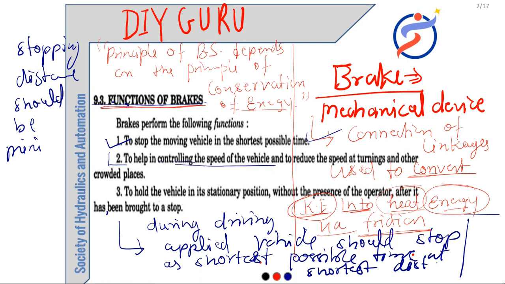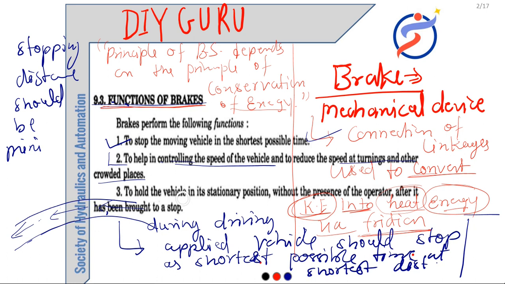The second one is to help control the speed of the vehicle during cornering. Suppose we are moving on a road like this. During cornering, the braking system helps us reduce the velocity of the vehicle, so we can reduce speed at turning and in other crowded places.